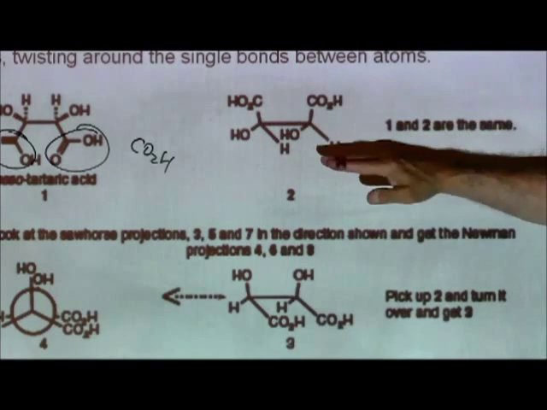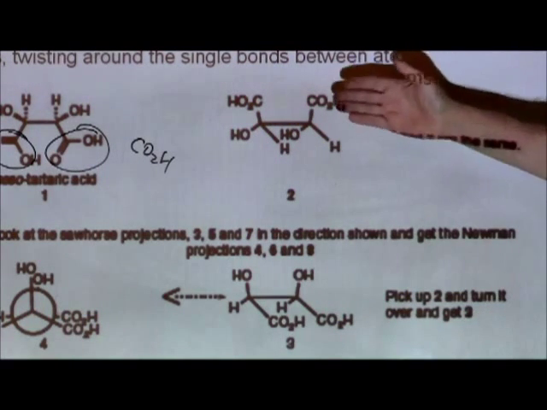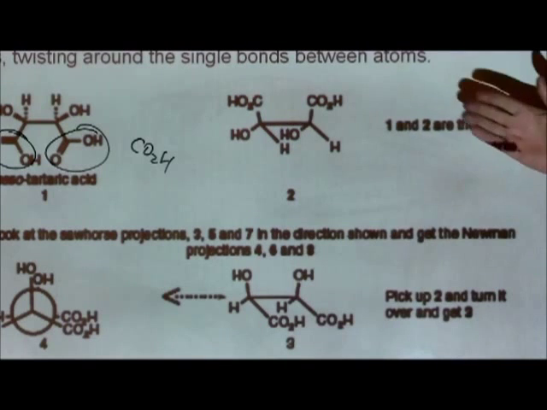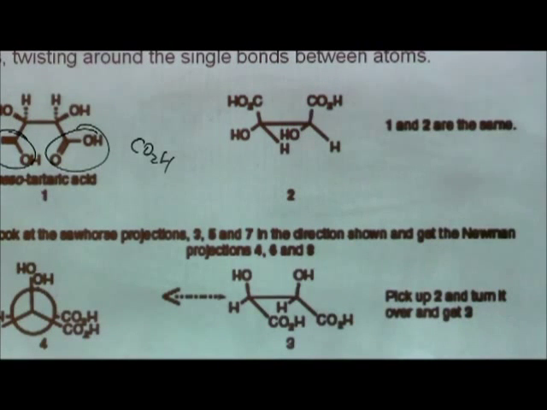So I've turned 2, and it's become 3. These are all not conformational motions. They're simply picking up the molecule and turning it around to look at it in different ways. Learning how to look at these molecules in different ways is important to learning the foundations that help you project your knowledge into organic chemistry.